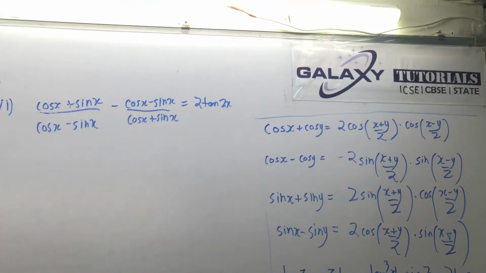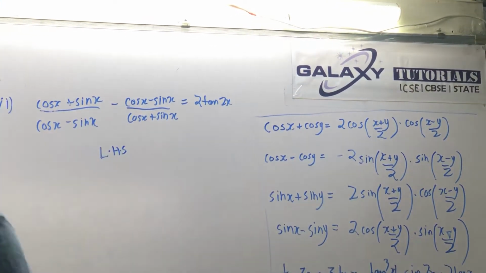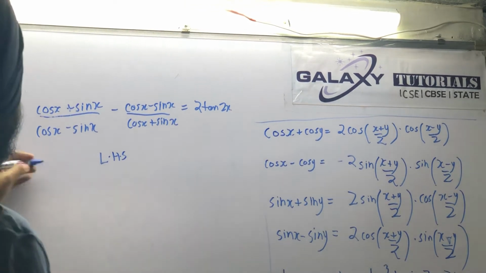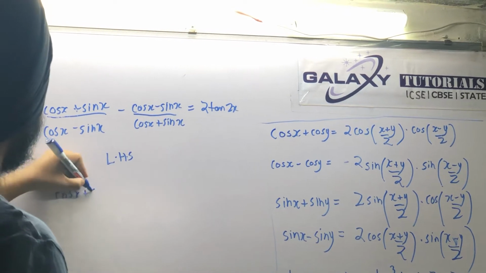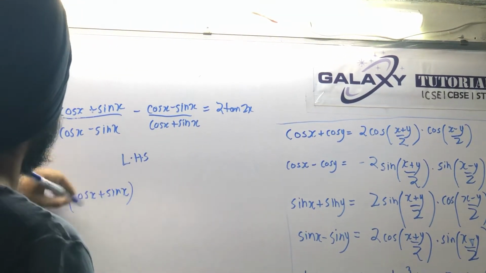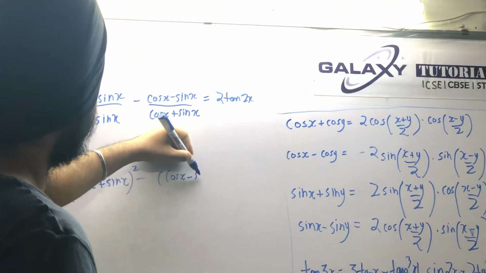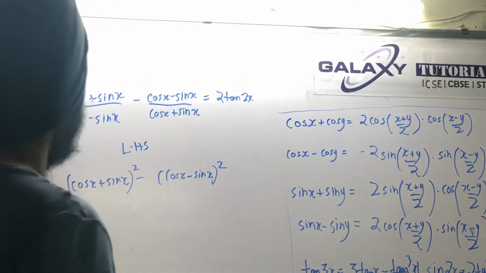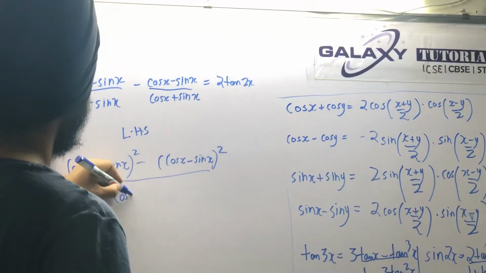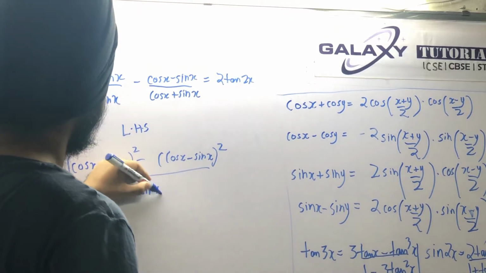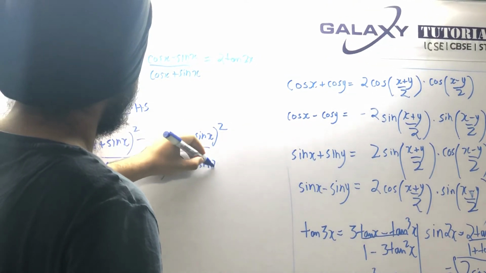This whole equation. So obviously I will start from the left hand side. Just take the LCM. LCM will be whatever it is, you will just cross multiply. So this is cos x plus sin x whole square minus cos x minus sin x whole square, right? And LCM will be cos x minus sin x into cos x plus sin x.